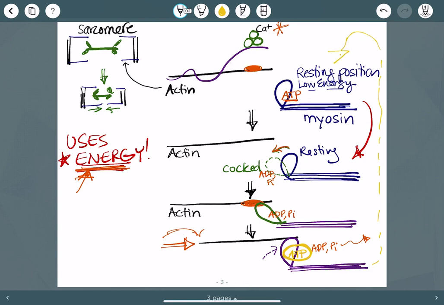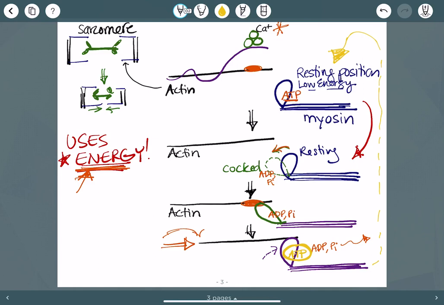We are back into the resting position with ATP bound, which can be used to cock the myosin head again. And if the actin is still open for business, that new myosin head would bind, the ADP would float off, the myosin head would return to its low energy state, and we've shortened the muscle even further.